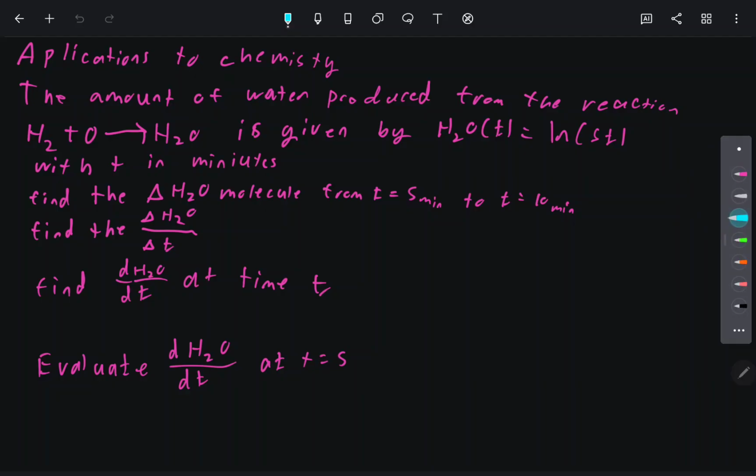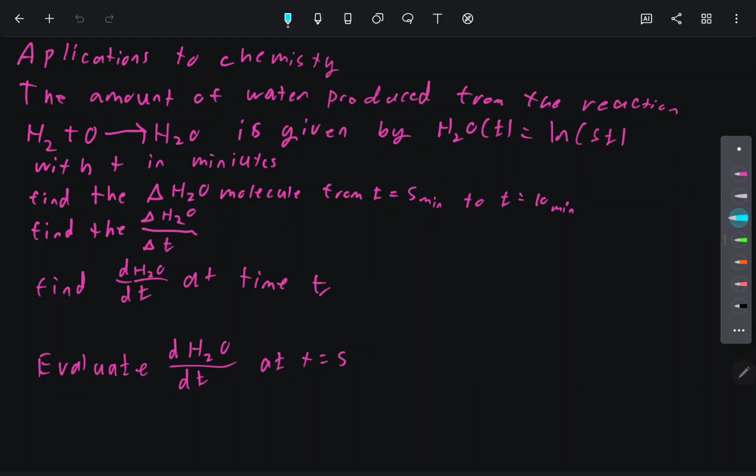So in this example, I've given us a reaction where it's going to produce a certain amount of particles. And our goal is to find how many particles it's producing and how that's changing with respect to time.